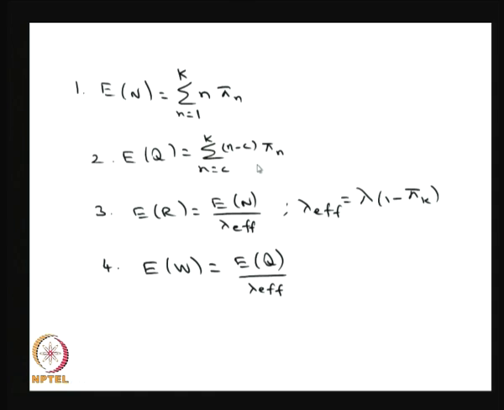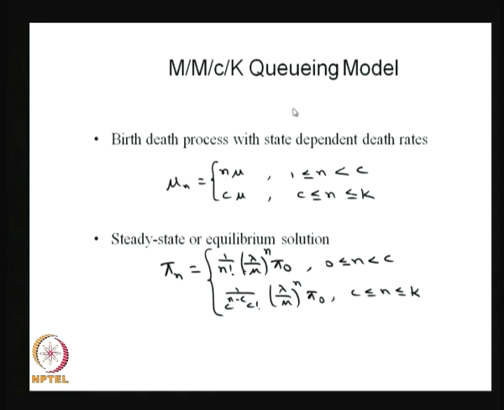I have not drawn the state transition diagram for M/M/C/K, but you can visualize it as a combination of the M/M/1/N and M/M/C models. Since it is a finite capacity model, it is easy to get the steady state and equilibrium solution.